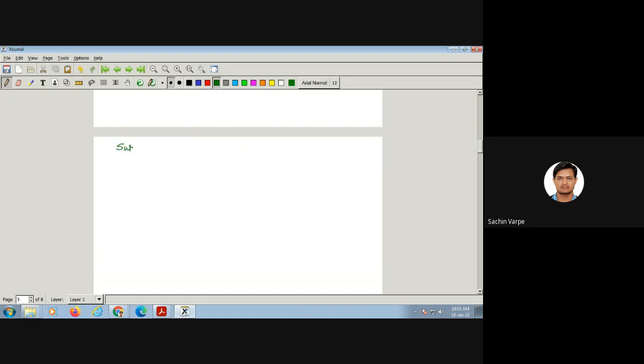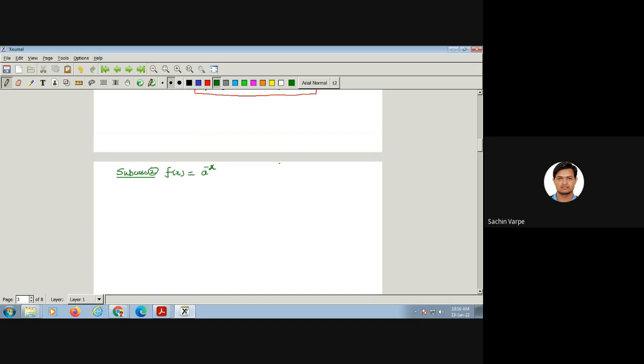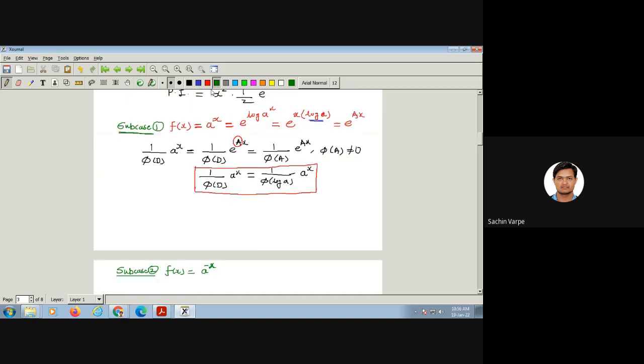Sub case 2 says when f of x is a raised to minus x. First of all, let me write for the previous sub case what the main keyword there is. Here what we are doing exactly is replacing D by log a.